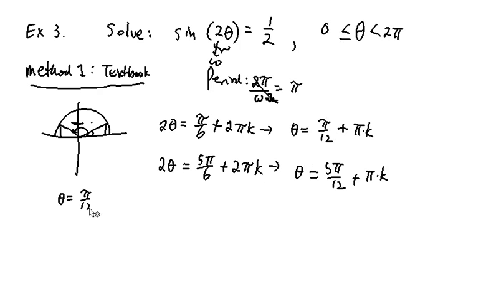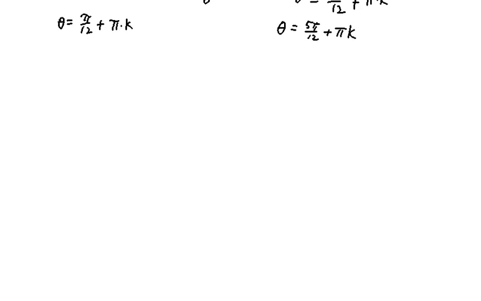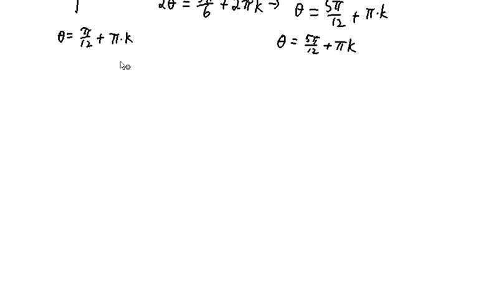Theta equals pi over 12 plus pi times k, and theta equals 5 pi over 12 plus pi k. And I'm just going to start plugging in values here. Let's just try 0, 1, and 2, and so on.